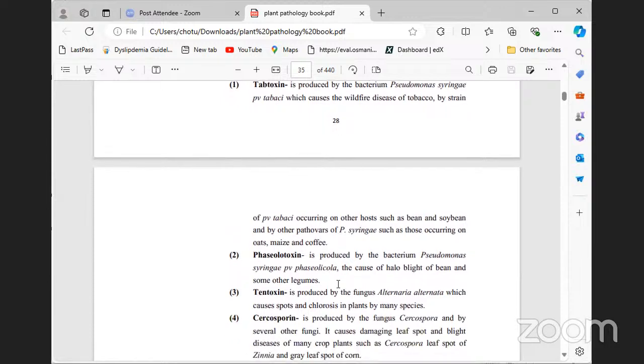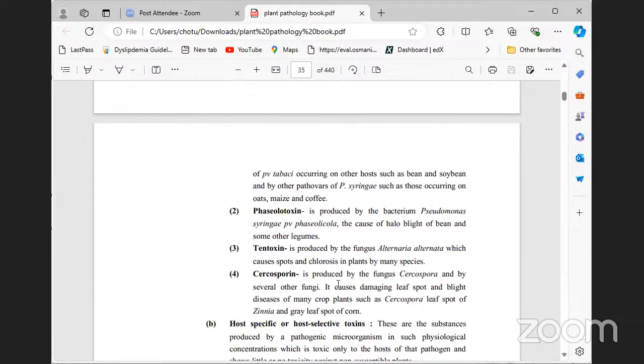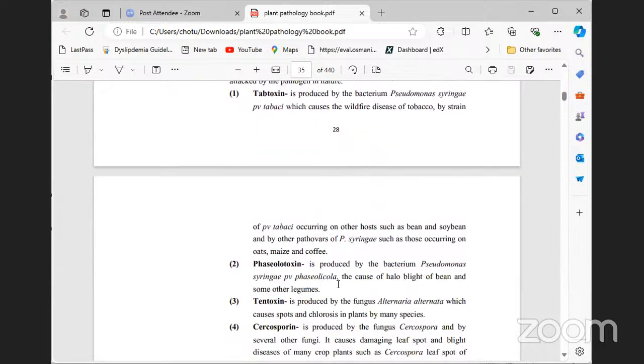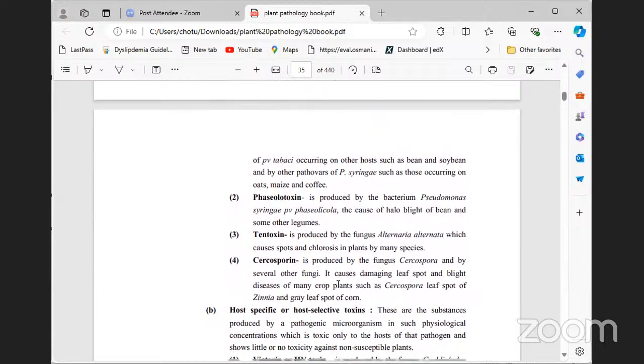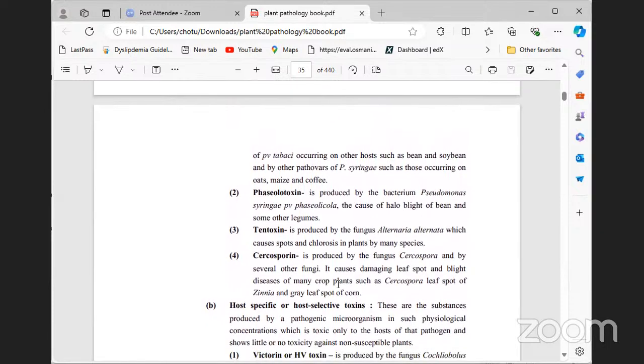The tobacco disease is caused by this strain of pv. tabaci, while other pathovars occur on hosts such as bean and soybean. Similar strains of Pseudomonas syringae occur on oats, causing disease in oats, maize, and coffee plants.